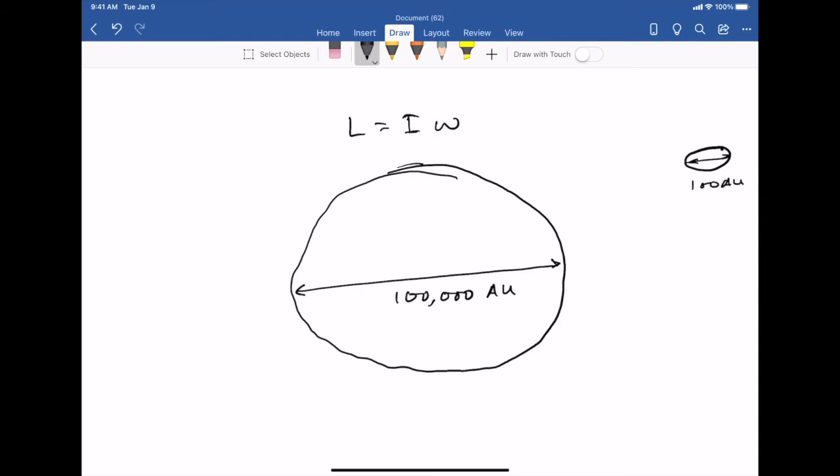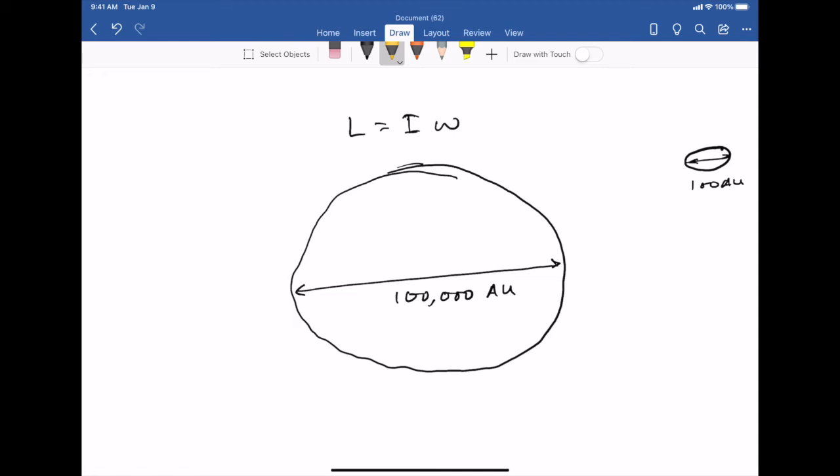So the cloud from which the solar system formed was this gigantic cloud of gas and dust, which had a size of 100,000 astronomical units. Now it's believed that something made this cloud unstable. Previously the cloud was stable because the inward force of gravity was perfectly balanced by the outward pressure of the gas and the dust.